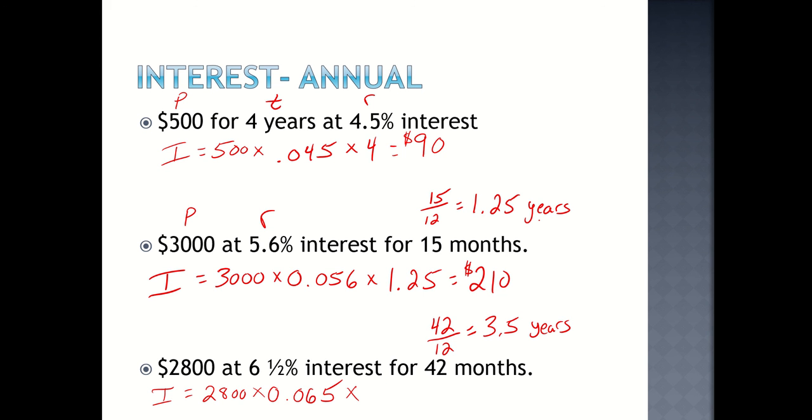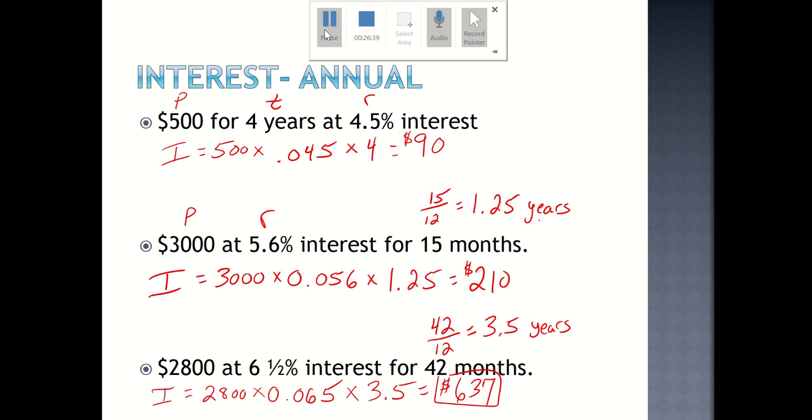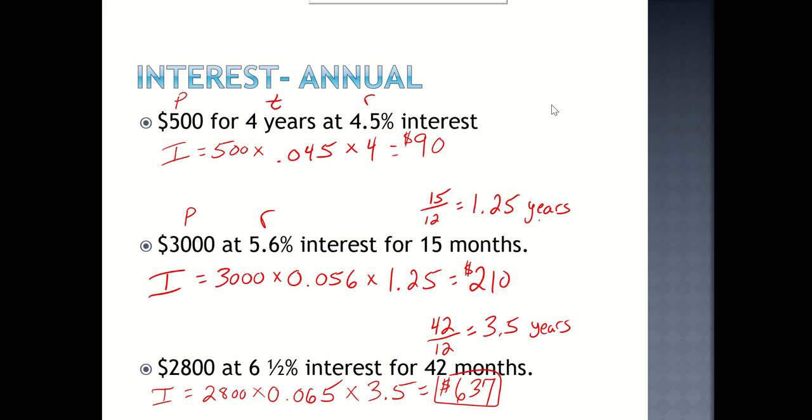Times 42 months, which is 3.5 years. 2,800 times 0.065 times 3.5, and we get $637. On all of these, time is in years because it's annual interest. So that's the case with annual interest.